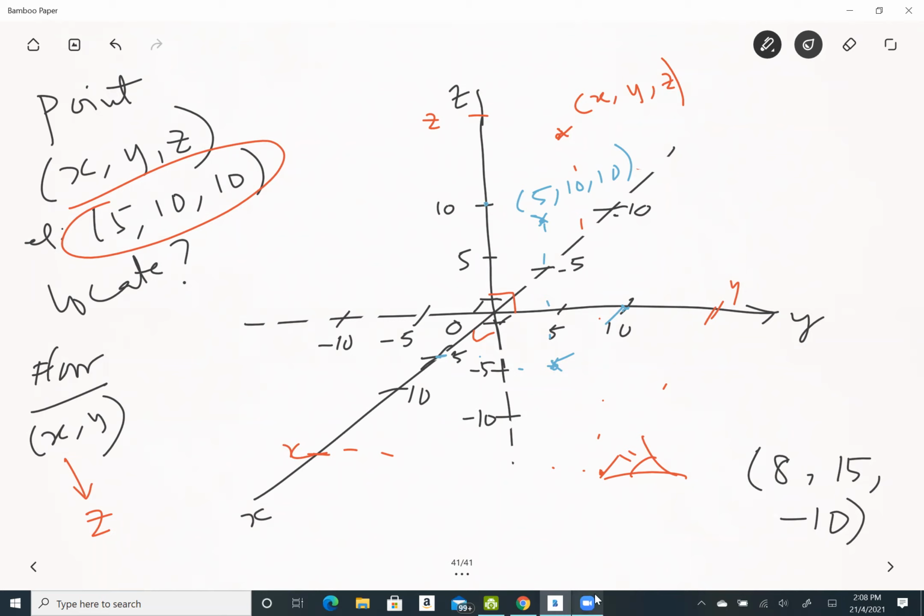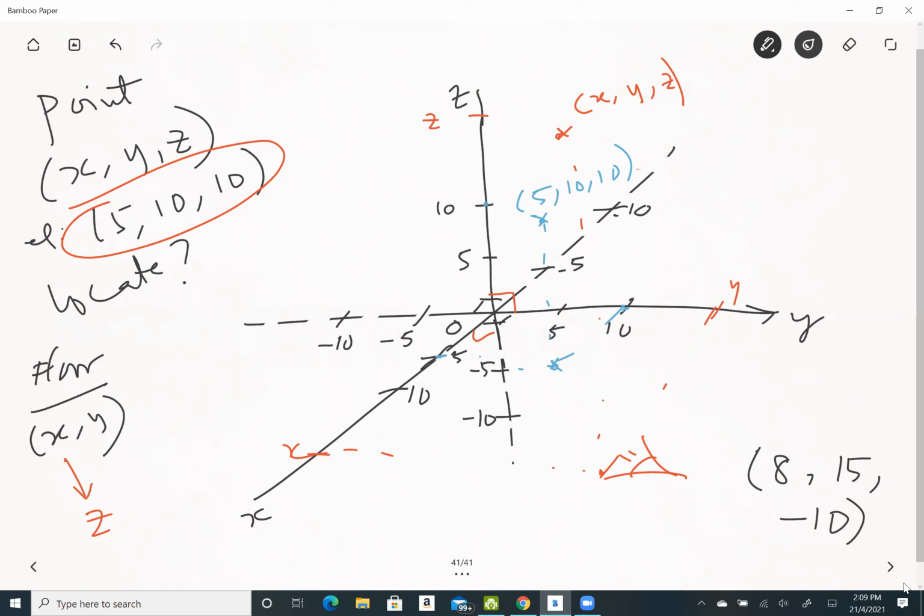Okay, Fuzail, you didn't have your picture here, so I call you. Where is the point? Assalamualaikum. Where is the point? Do you get the point, or you don't?